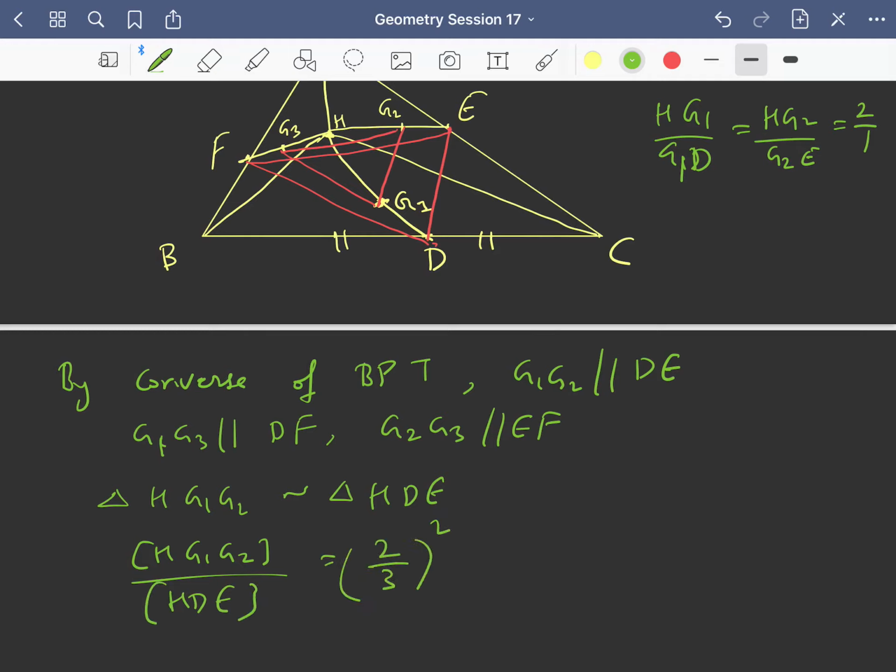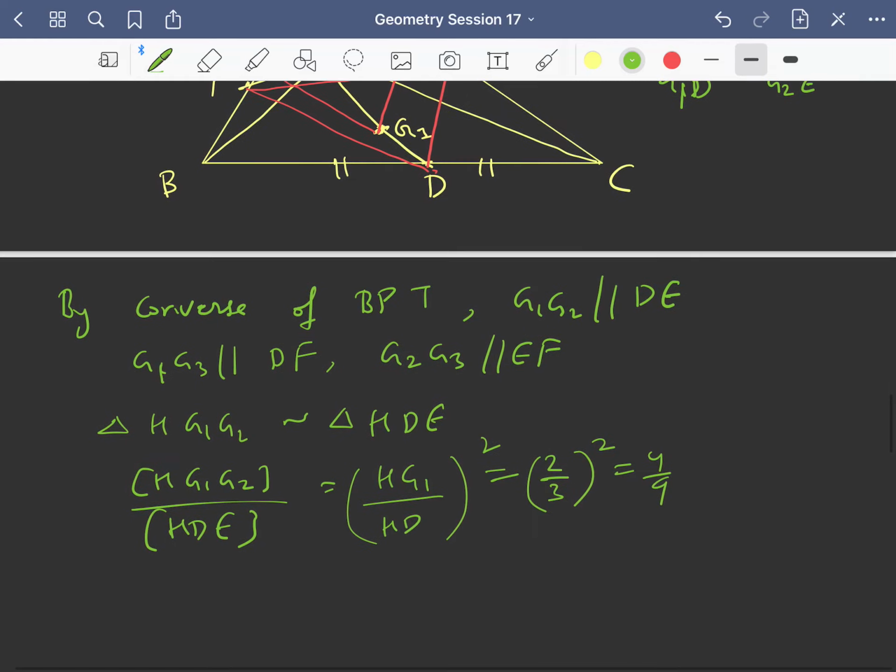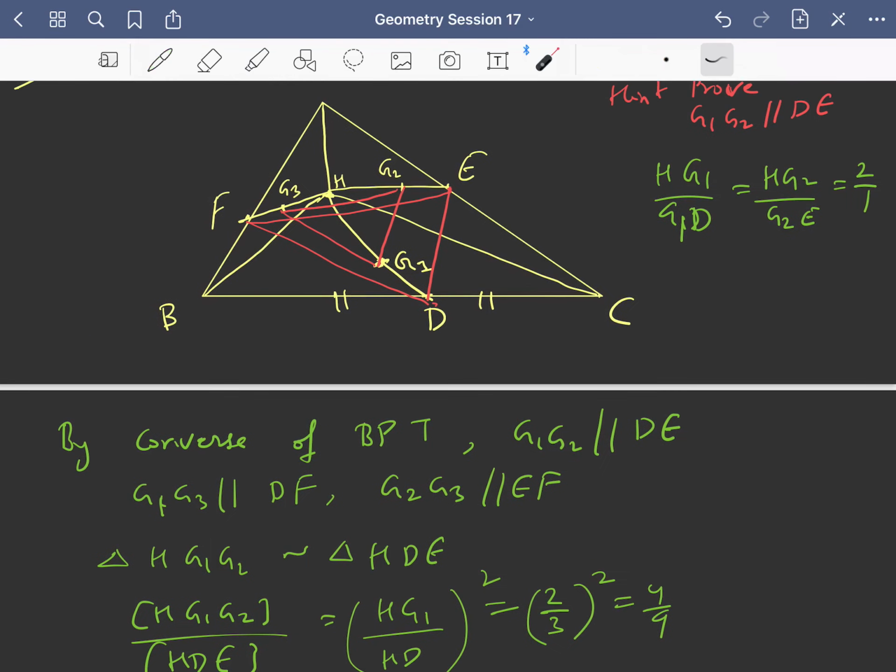It is the ratio of sides HG1 by HD whole squared, which is 2 by 3 whole squared, which is 4 over 9. So area of HG1G2 is 4 by 9 times area of HDE.